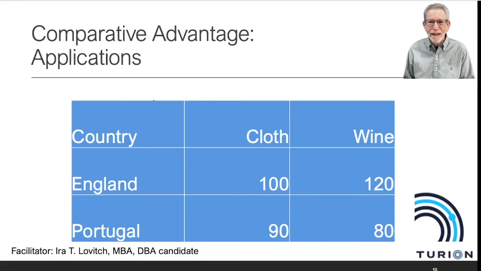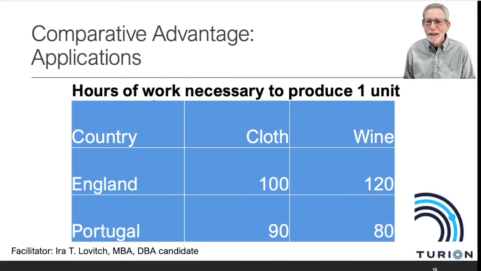As a matter of fact, at this time, and perhaps as of today, I don't know what the wine production in England might be, but definitely those two items were produced or could have been produced at the time this example was used to demonstrate how comparative advantage works. And the comparison used the hours of work necessary to produce 1 unit of cloth and 1 unit of wine.